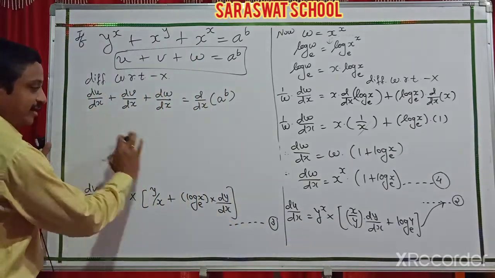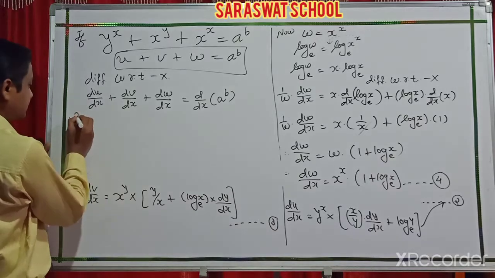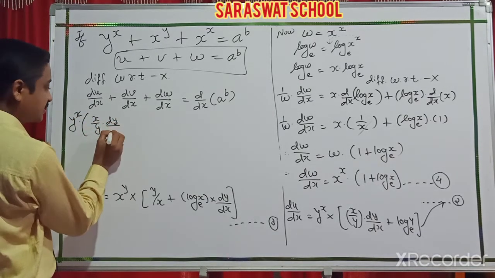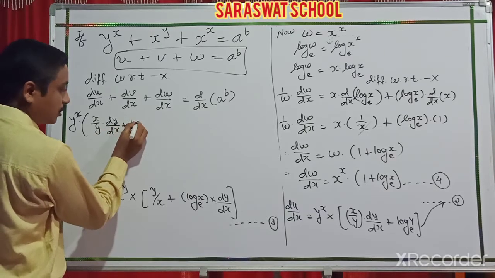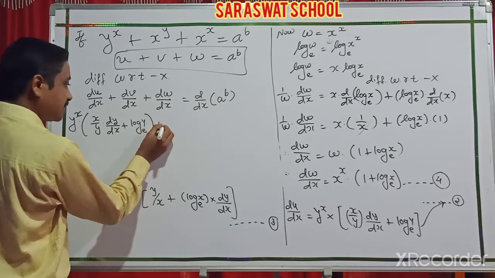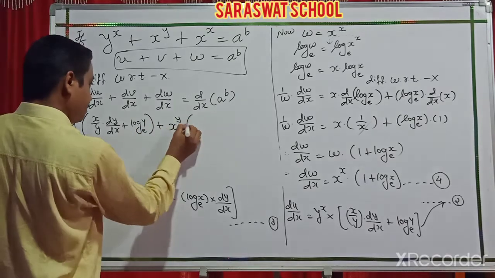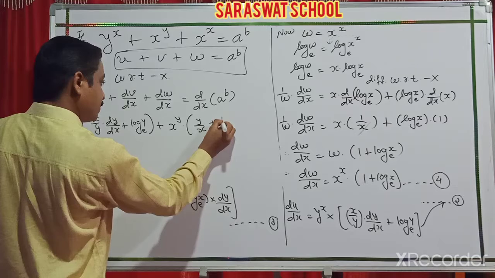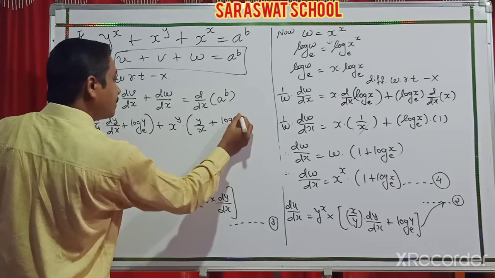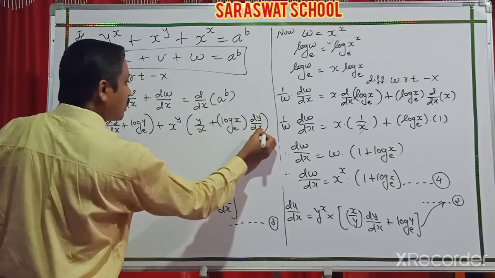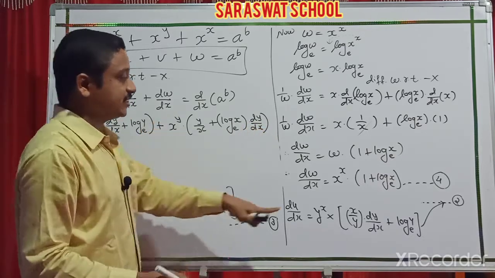So what is du by dx? y raised to x, x by y into dy by dx plus log y base e. Then dv by dx is this, x raised to y, y by x plus log x base e into dy by dx, and dw by dx is this one.